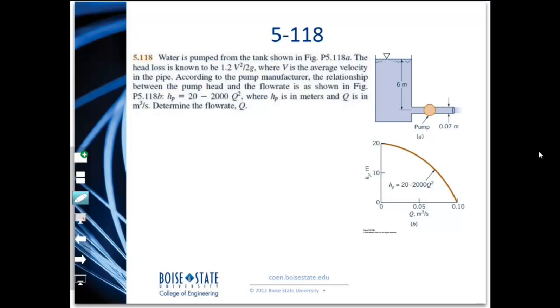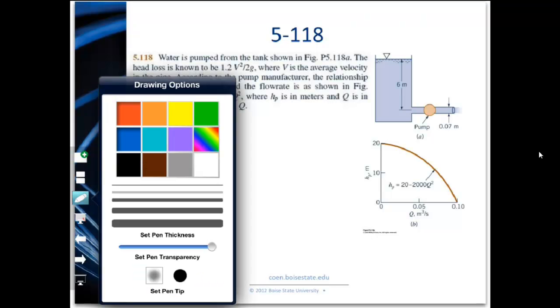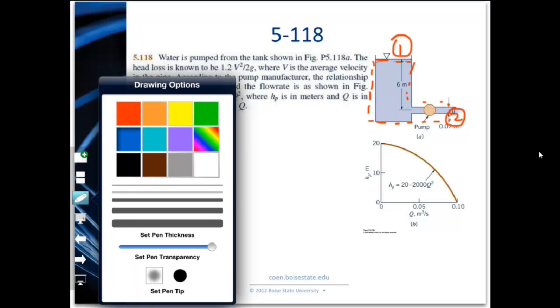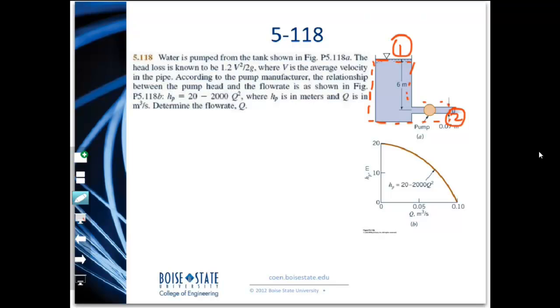Okay. Again, we can try to do this by representing a control volume. I can draw it just around the system, and then take this as 1 and this as 2, which we have done before, right? So we want to compute the flow rate. Let's write the energy equation between 1 and 2.